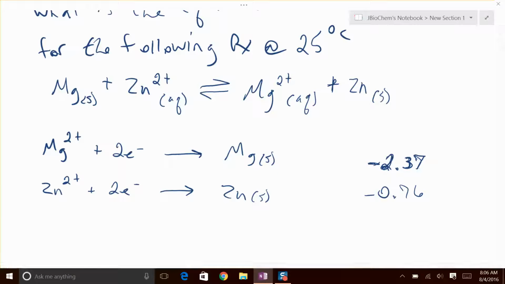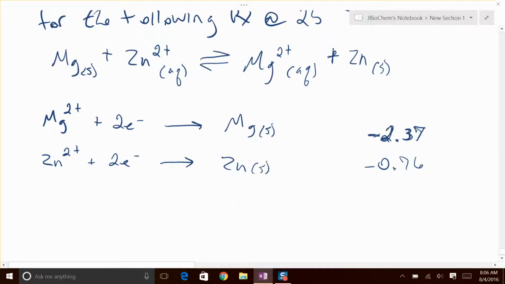Okay, so we want to find the equilibrium constant. So we're going to use two equations. What's that number called again? This number, yeah, the reduction potential.